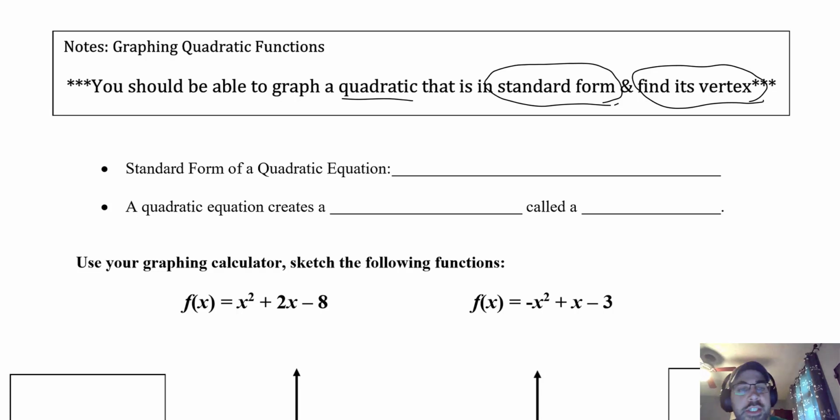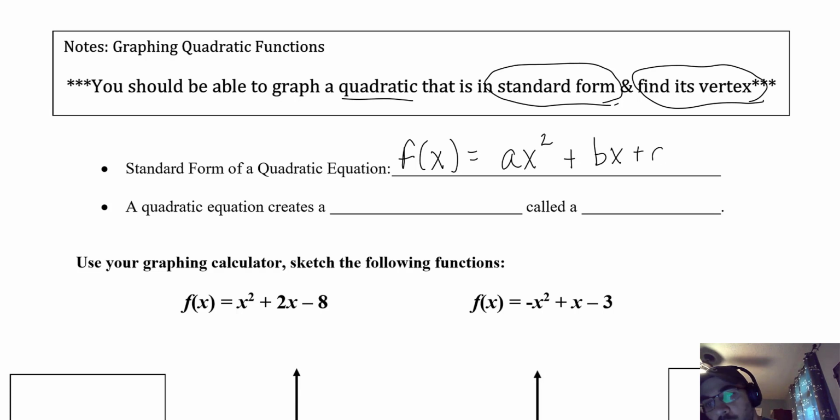So first off, you need to know what standard form of a quadratic function looks like. So here it is. It's f of x equals ax squared plus bx plus c. I've underlined a, b, and c there because those are the coefficients, so those will change for every example.